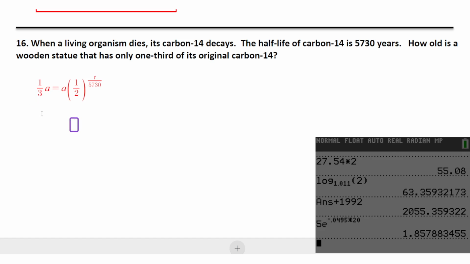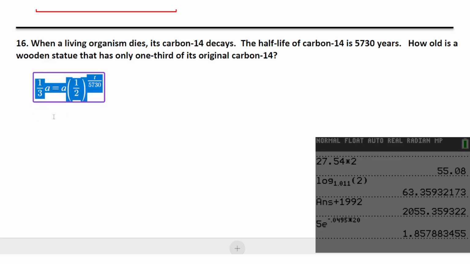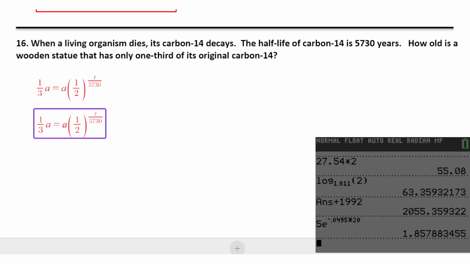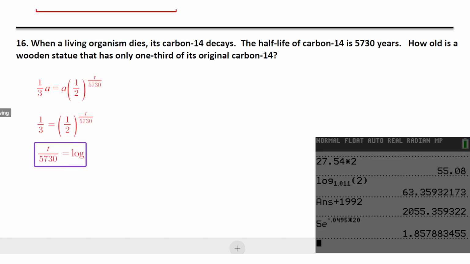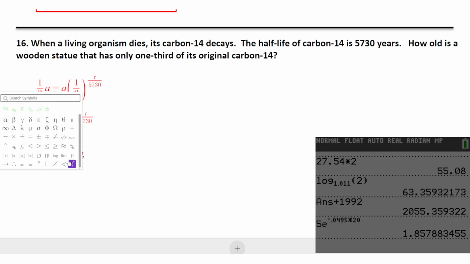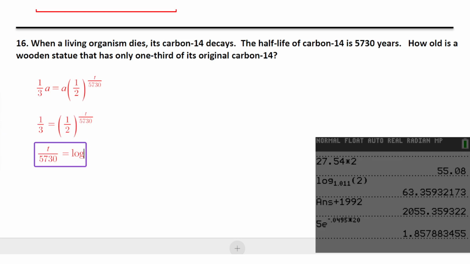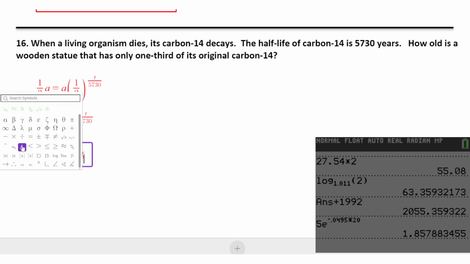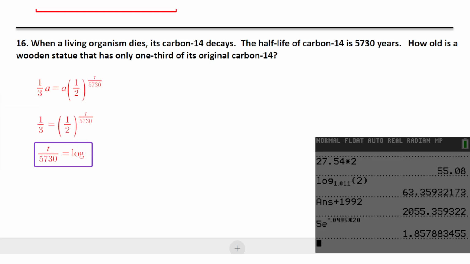So the first thing to do is to divide both sides by a. Dividing both sides by a is going to cancel out both of these a's, because a divided by a is 1. And now we're ready to rewrite this as a logarithm. So we're going to say t over 5,730 equals log base 1/2, or 0.5. 0.5 might be a little bit more aesthetically pleasing here, but I'm going to just leave it as a fraction anyway.